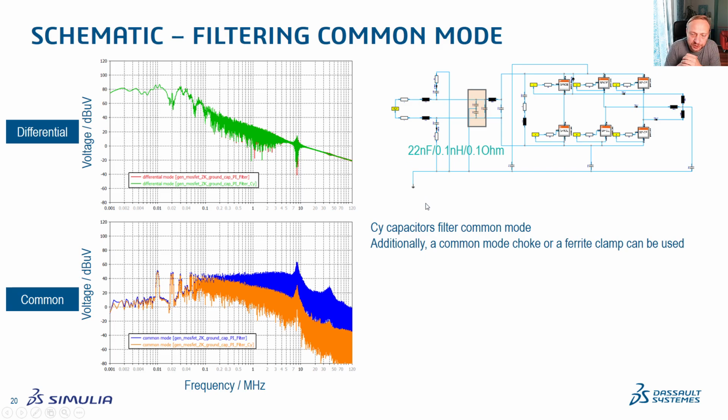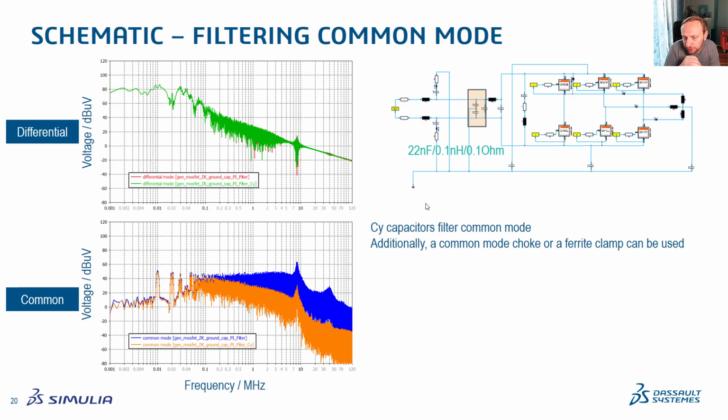Also, a second option, which I'm not showing here, is of course the use of a common mode choke. It's also a typical way where you put in a common mode choke to suppress the common mode. It's a choke which is wound in opposite directions and has a large common mode impedance. Sometimes, as a last resort, you can of course use ferrite clamps to clamp onto your wires.